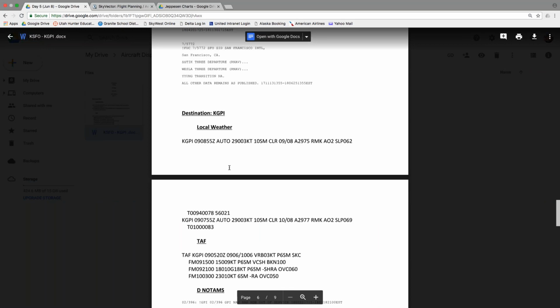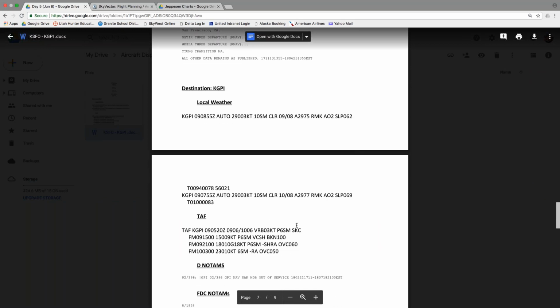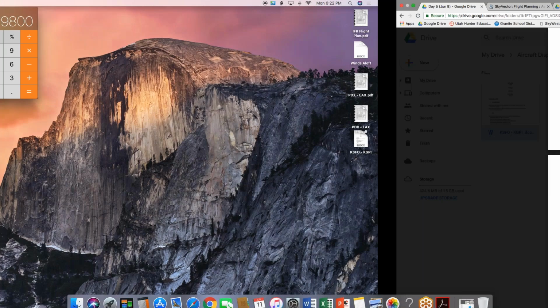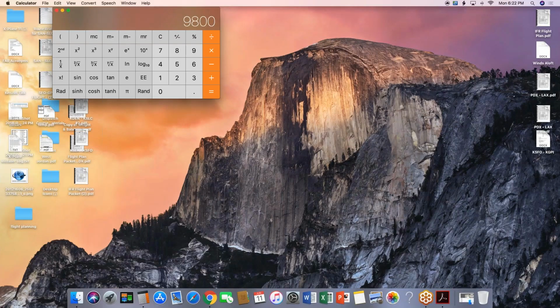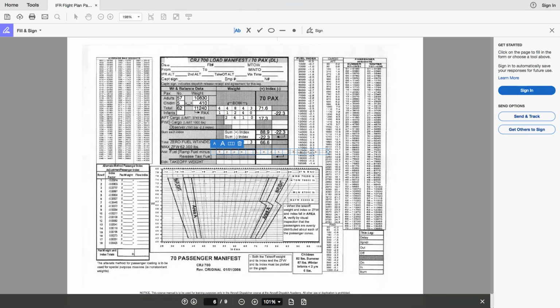Looking at the weather here at our destination, the wind seemed pretty calm. And it's a beautiful day, so I won't add any hold fuel to it. So we'll just call it 9,800 pounds. Just put that in here. And that's what we call Minto fuel.